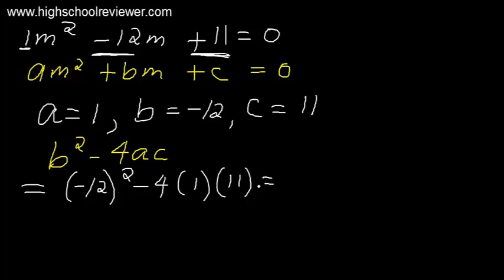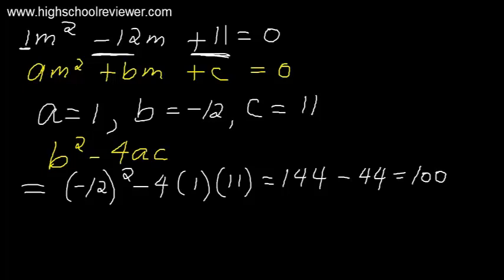So we have here 12 raised to the power of 2. This will give us positive 144. And we have negative 4 multiplied by 1 multiplied by 11. This will give us minus 44. So this will be positive 100.